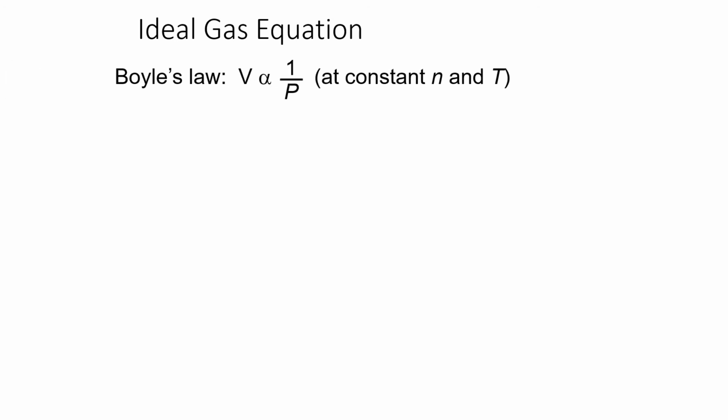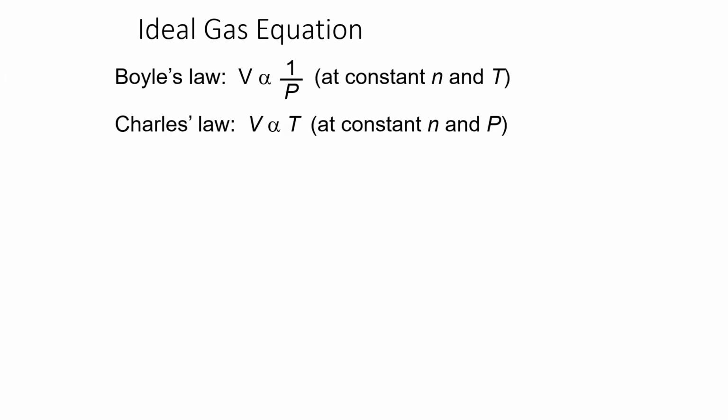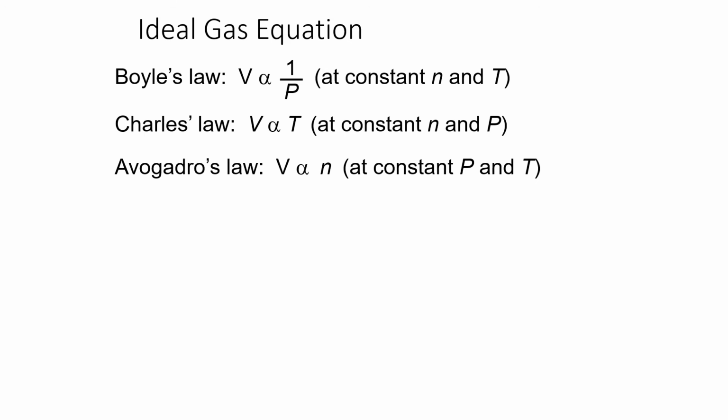So this leads us to the ideal gas equation, which is a combination of Boyle's, Charles', and Avogadro's laws. And I will actually, when we work some problems in the next video, derive this for you. But here is the representation of that.